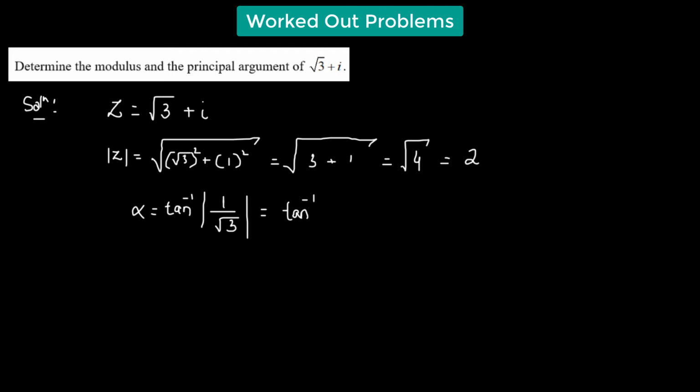We know that tan 30 degrees, or we can say tan π/6, is equal to 1/√3, which in turn gives us π/6. So this is the value of alpha.